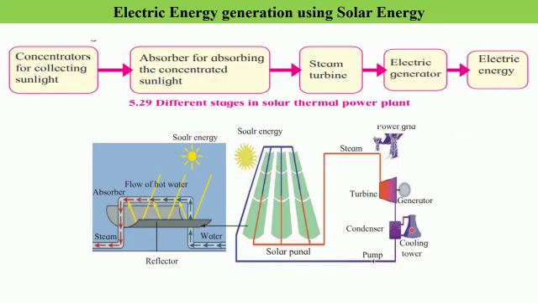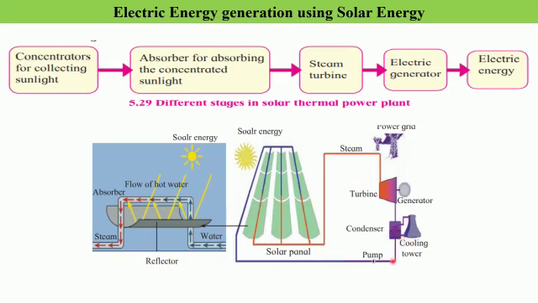Here also we have a cooling tower, because after the steam is released, it will lose its pressure as well as temperature. So then it is passed through a condenser. From the cooling tower, we have the water that is continuously made to flow so as to condense the steam and convert it into water.